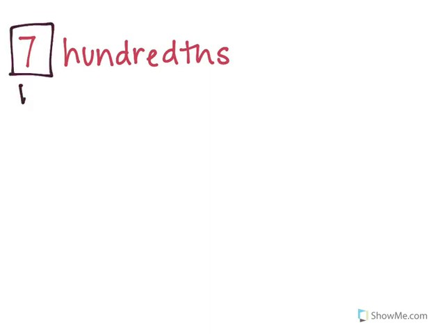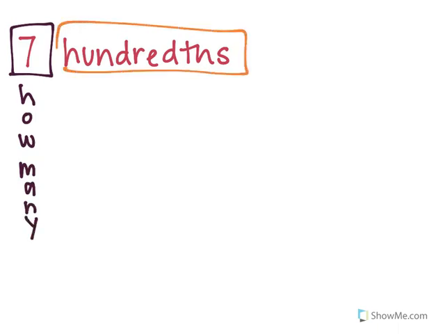Now what if I have one like this? 7 hundredths. This is how many I have. And this is my place. So, since this is my place, I need to put my period, or my decimal point, and I do my tenths place, hundredths place.